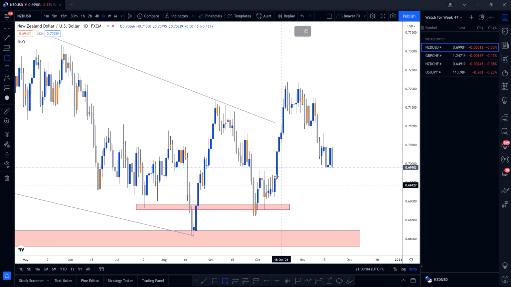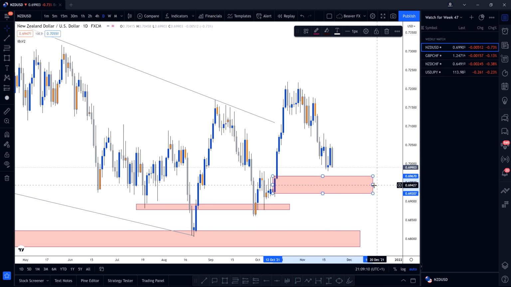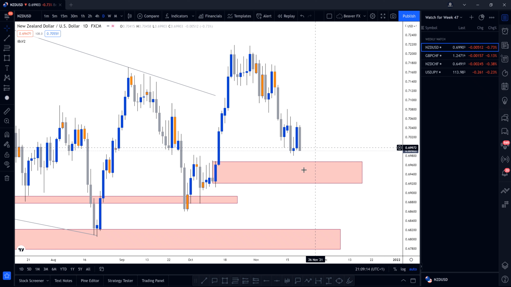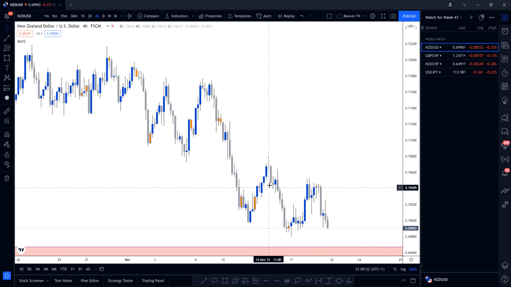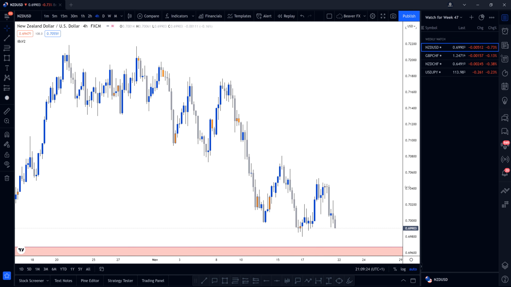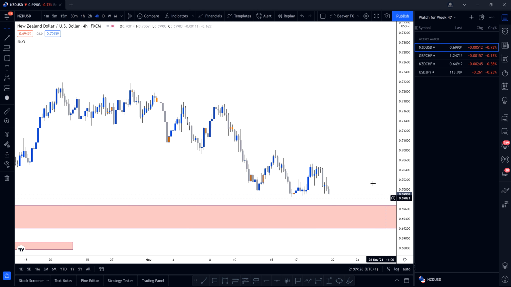And we have a demand zone here, what some people also call the points of interest. You can actually see some buy positions here. But let's go to the lower time frame. As we go down the time frames, you'll see how we can actually take advantage of these opportunities in the markets.